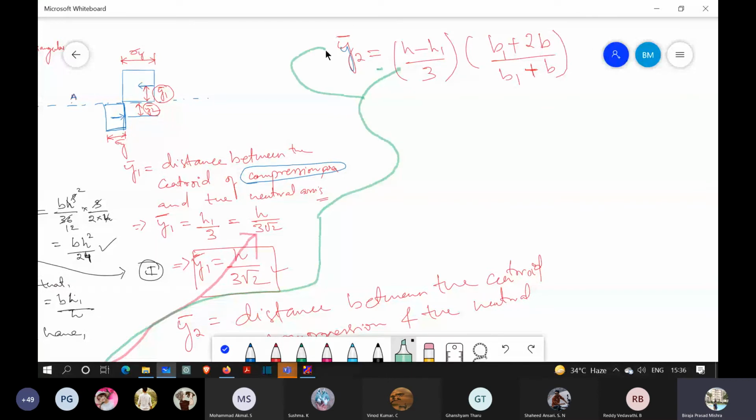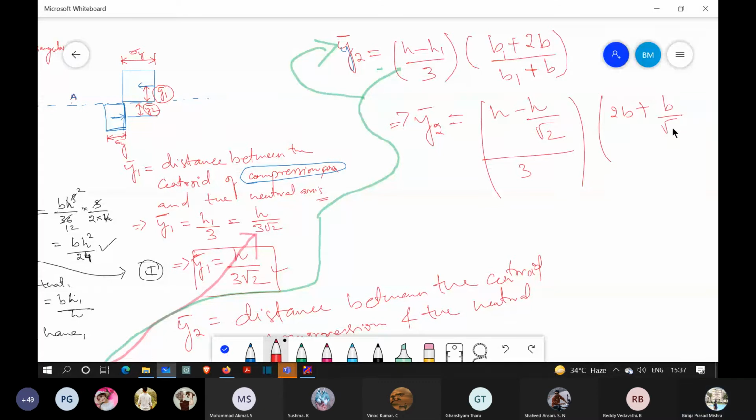Okay, so I can write, this implies y2 bar equals to h minus h by root 2 divided by 3 into 2b plus b by root 2 whole divided by b plus b by root 2.